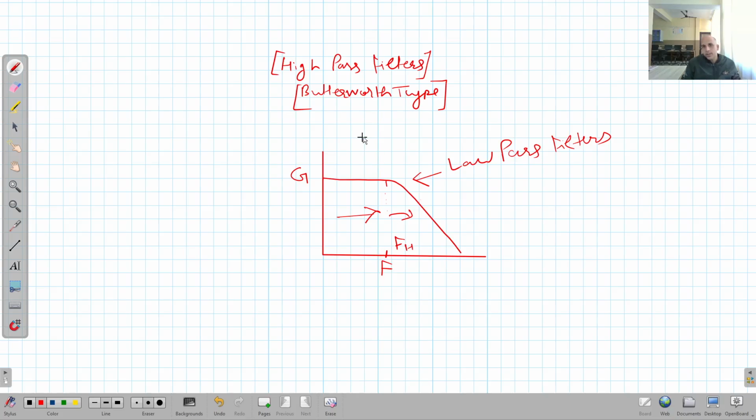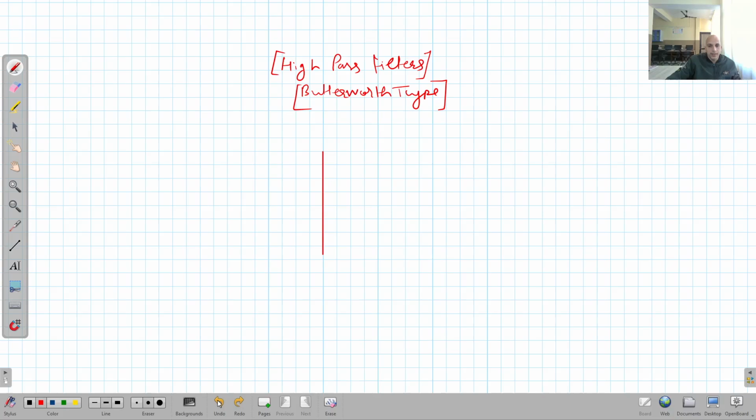But here we are going to discuss the high pass filters. If I draw the frequency response of a high pass filter, it will be exactly opposite to it. Clear? In case of high pass filters, we will have a frequency response of this type. The frequency corresponding to this point is called FL, the lowest frequency that is allowed to pass from this filter.